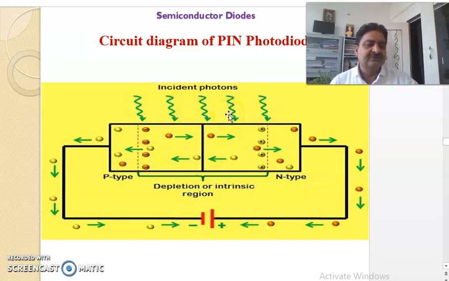Incident photons. Because of the flow of electrons through the P type and N type materials due to the incident photons, current will flow through this wire or circuit. So in this way, because of the incident photons, when light is incident on it, it gives us current or voltage.